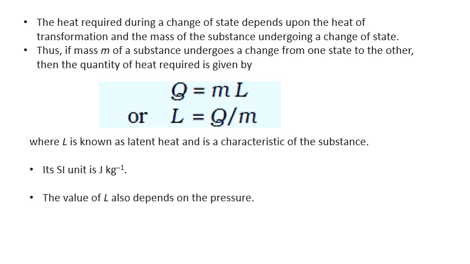If mass m of a substance undergoes a change from one state to another, then the quantity of heat required will be Q equals m into L, where L is the latent heat and is a characteristic of the substance, and its SI unit is joule per kilogram, and its value also depends on the pressure.